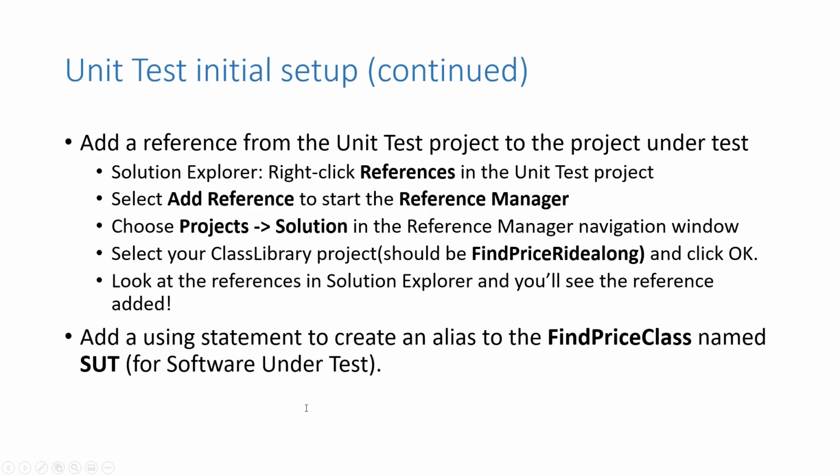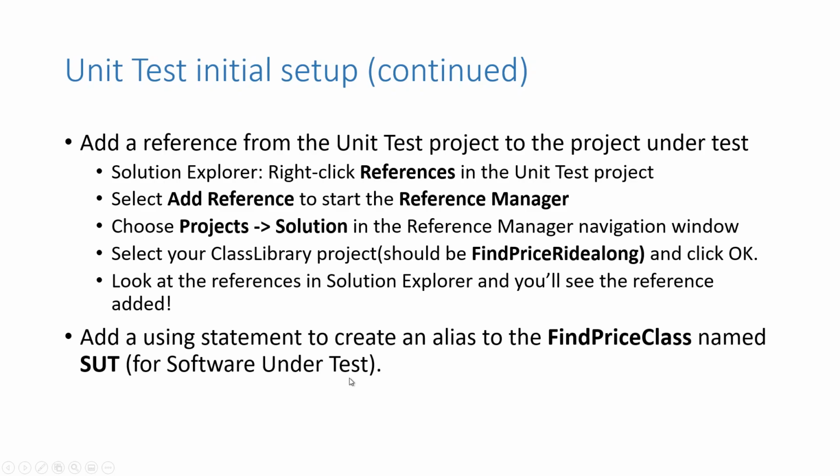Next, we're going to add a using statement that enables us to use the Find Price class. But this is going to look a little different from the using statements we built before because this establishes an alias. In test-driven development, it is a convention that you use the abbreviation SUT for the software under test.